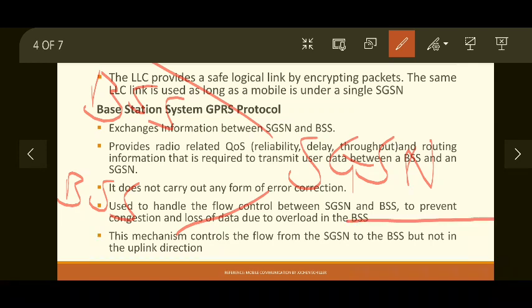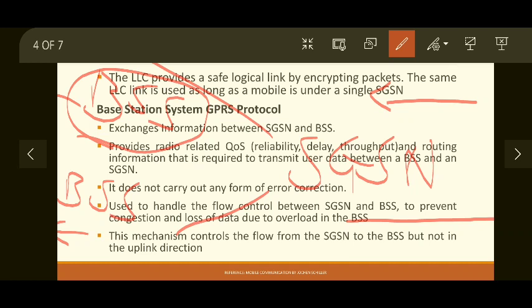The SGSN is connected to a wired network, so it has a much higher data rate, whereas the BSS is connected to the wireless interface, so it has a low data rate. So if data is initiated from the external network, it will come at a much faster rate than the data rate that can be supported by the BSS.